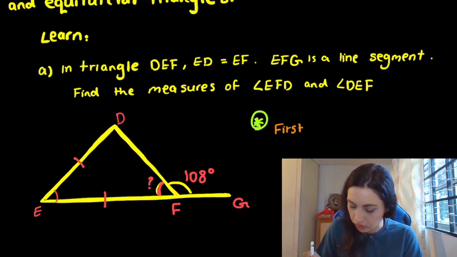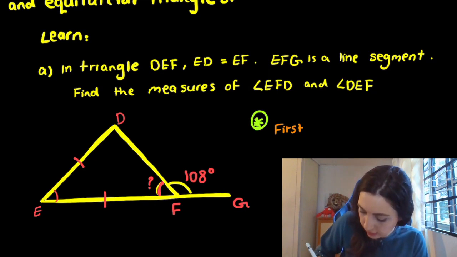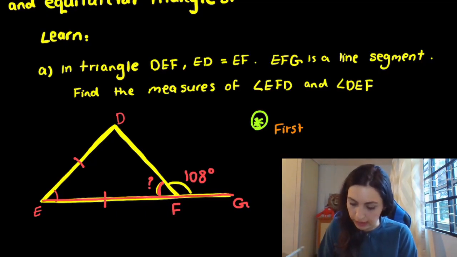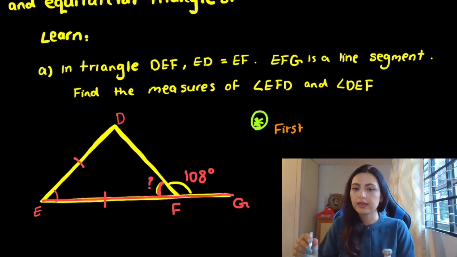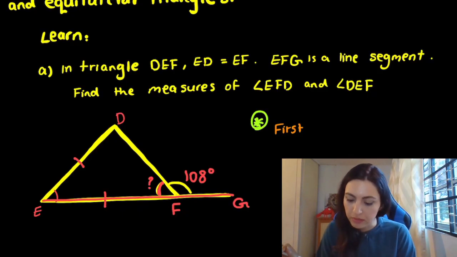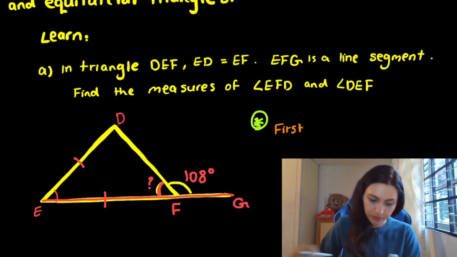EFG, you see this line? We call it a line segment. So we have this line as well. 108 is an exterior angle. What is an exterior angle? You have to watch my previous video. Find the measures of EFD and DEF.